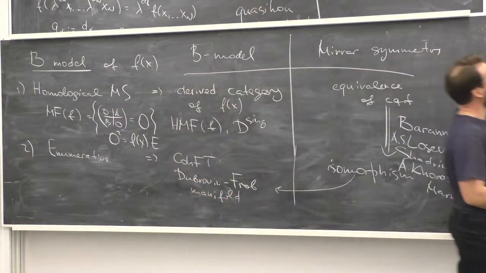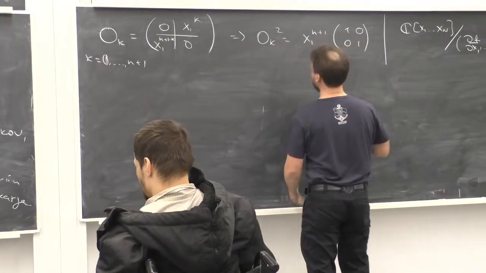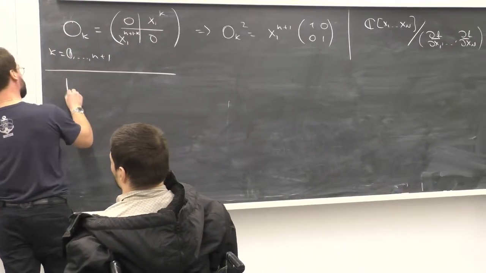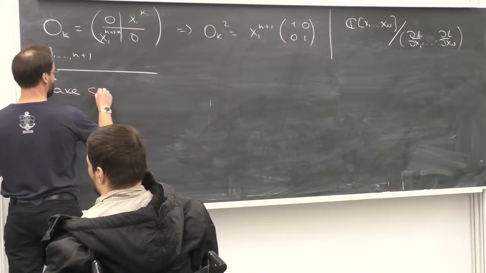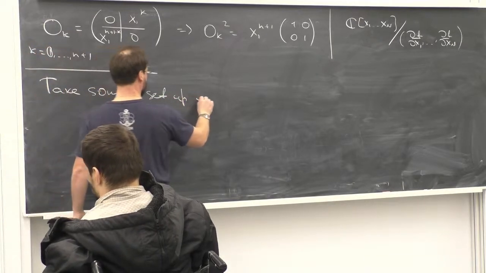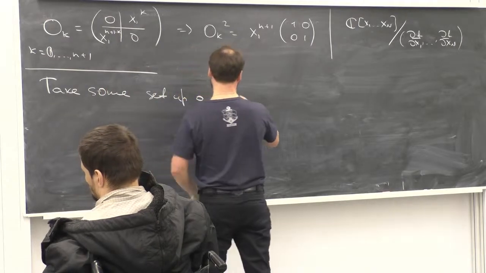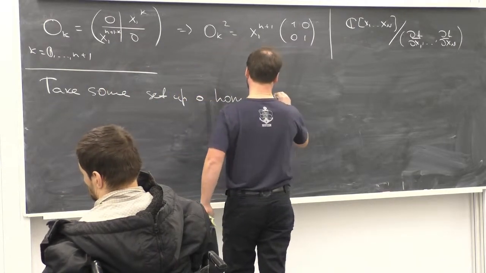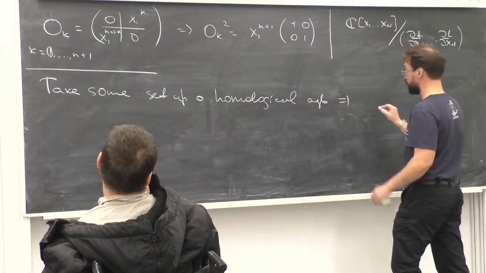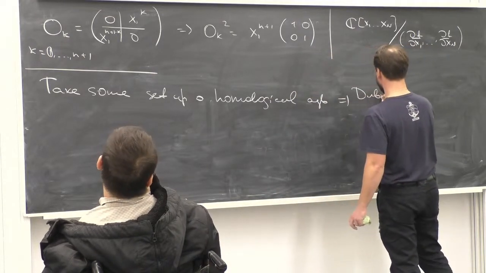Okay, so what I'm going to do is take some setup of homological algebra and construct out of it the Frobenius manifold. That's what I'm going to show.